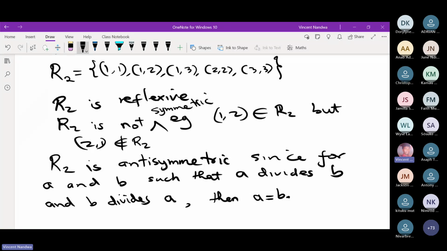And that is true: if this is your a and this is your b, then when you change to b, a, you get the same numbers in the first and second positions. That is only possible when a and b are equal. So R2 is an example of an antisymmetric relation.